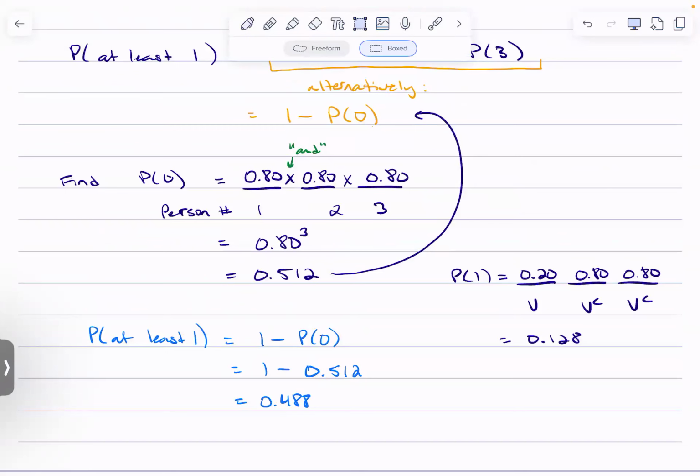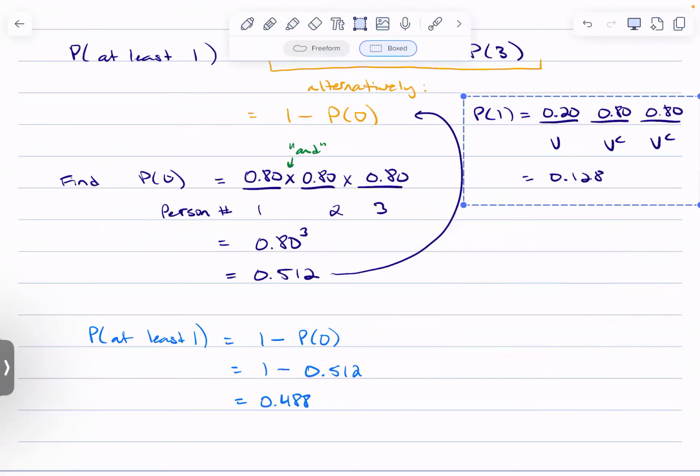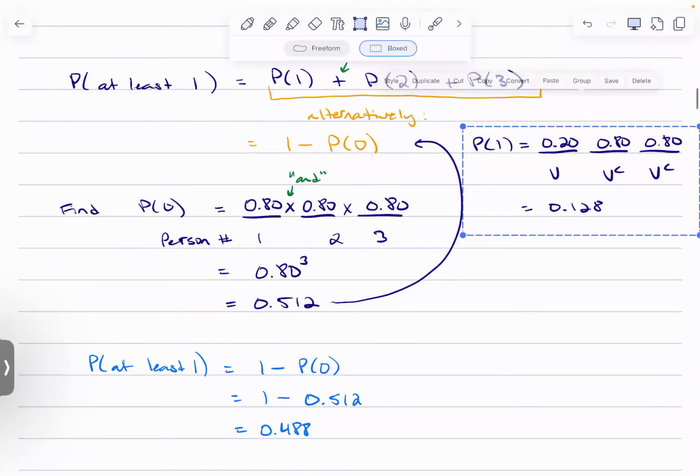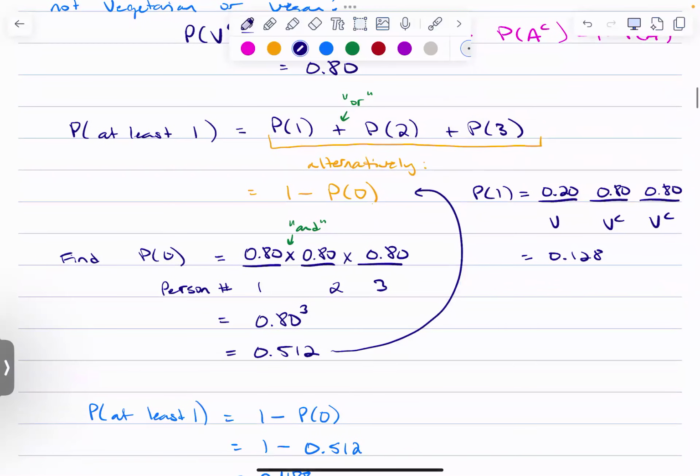Maybe I'll do this. Should we just do it for fun? Let's do, we can do it just for some warm up, right? Probability of 2. I need a vegan and a non-vegan. Doesn't matter which order.